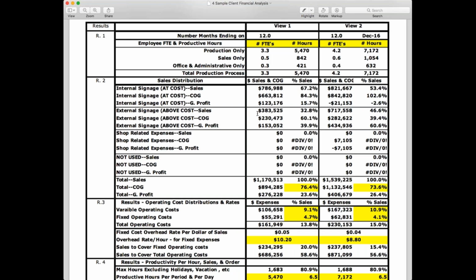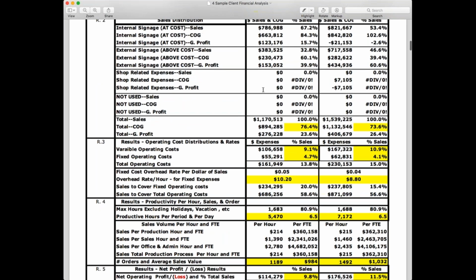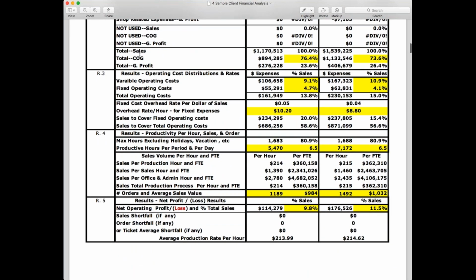It shows the number of FTEs on the sales and the office administrative side. And then coming down, I want to focus a little bit on the cost of goods. It's extremely high, but keep in mind that over half of their business is sold at cost. So that's going to show an abnormally high cost of goods ratio for a customer.